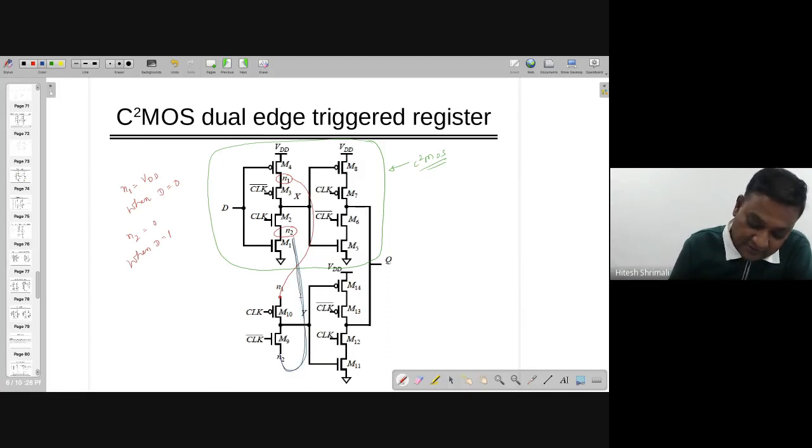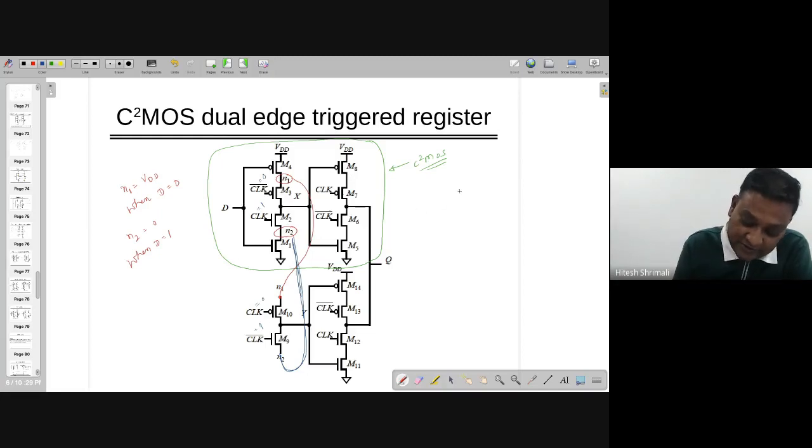And look at this. This particular circuit is working when clock bar equal to 0 and clock equal to 1, whereas this works when clock equal to 0 and clock bar equal to 1. So it's exactly opposite of what we were doing.